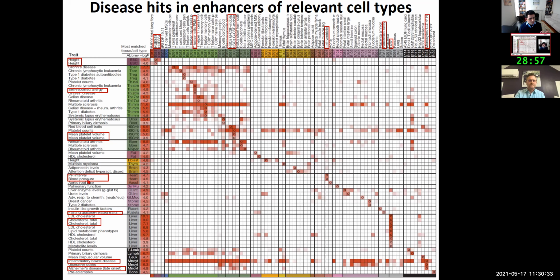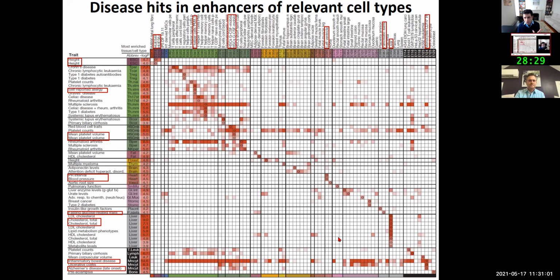Blood pressure variants are overlapping specifically in the left ventricle, in enhancers active in the left ventricle of the heart. If you look at fasting glucose-related traits, which are associated with type 2 diabetes, you see very specific enrichment in the pancreatic islet, where insulin is produced, making complete sense with the biology.